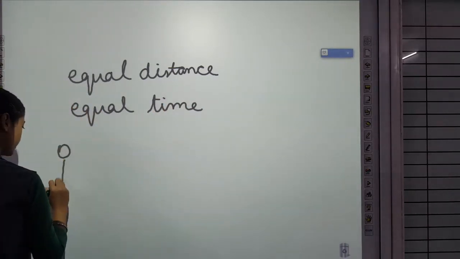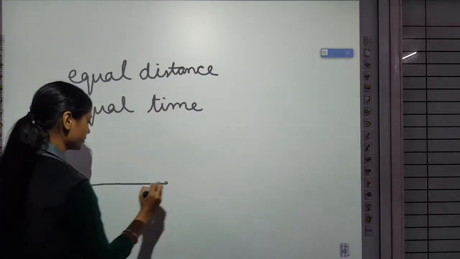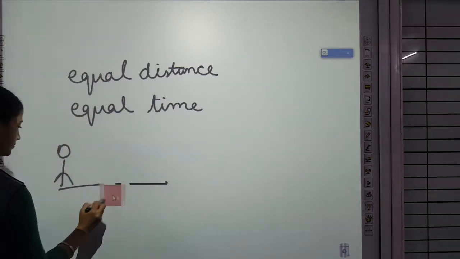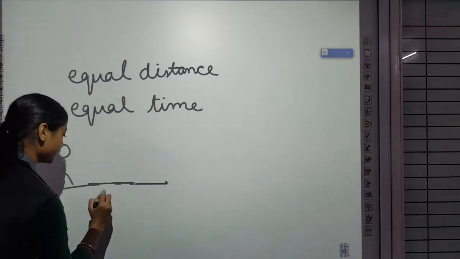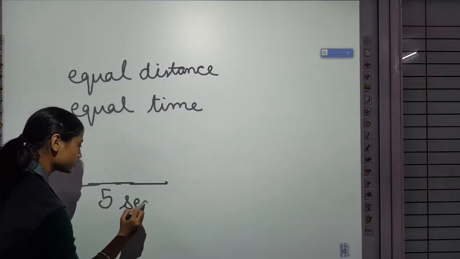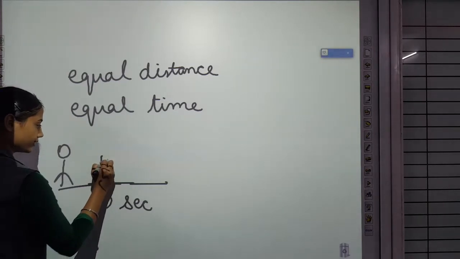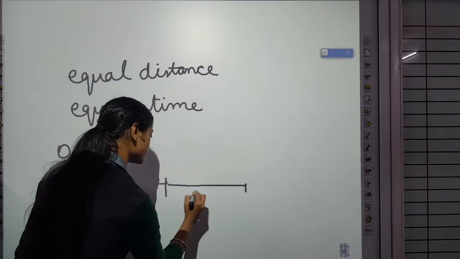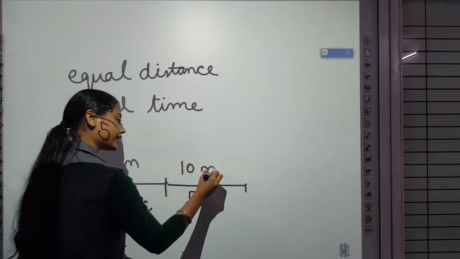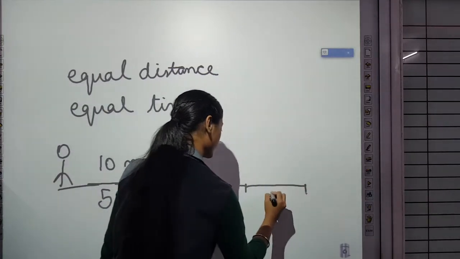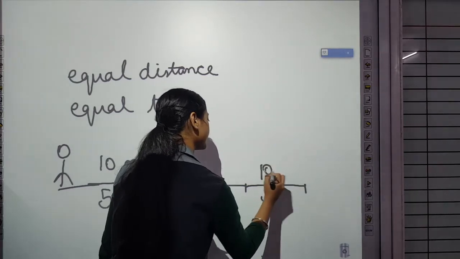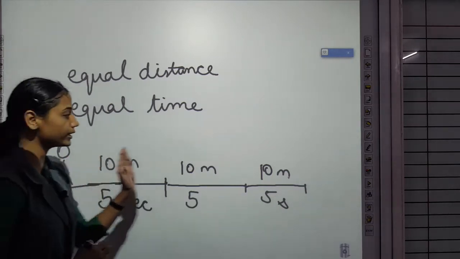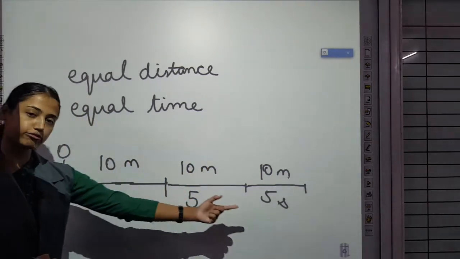Suppose this man is walking, in 5 seconds he covers 10 meters. Then in the next 5 seconds, he covers the next 10 meters, and again in the next 5 seconds, he covers the next 10 meters. So you can see this man is covering equal distances in equal intervals of time.